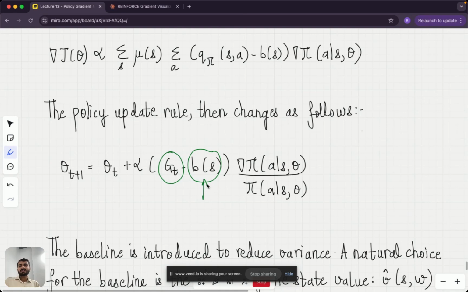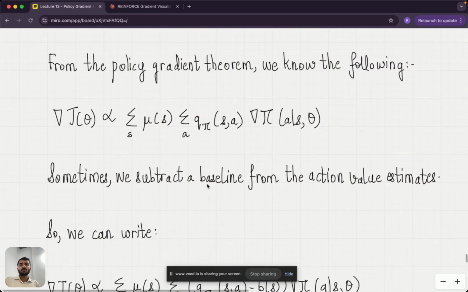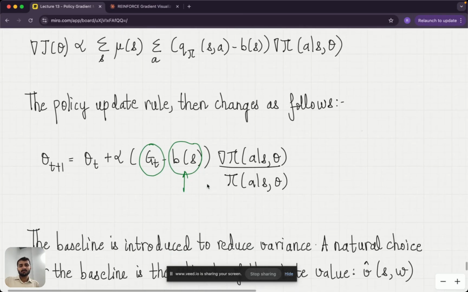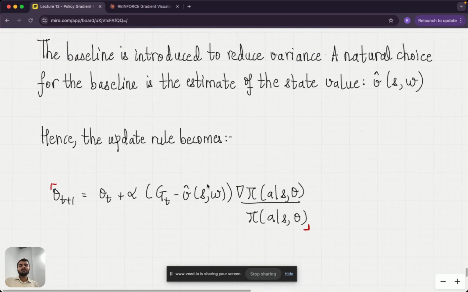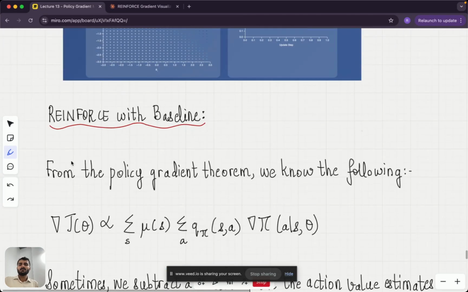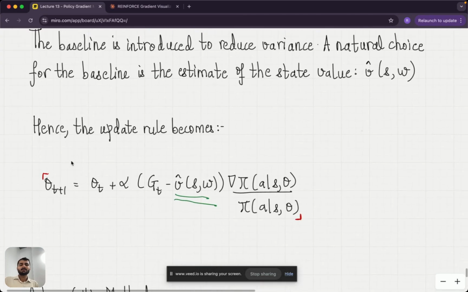The only reason this bias is introduced is because we want to reduce the overall variance of our algorithm. A natural choice for this is the approximate value function, which is v hat of s comma w. So this is the update rule for reinforce with baseline.